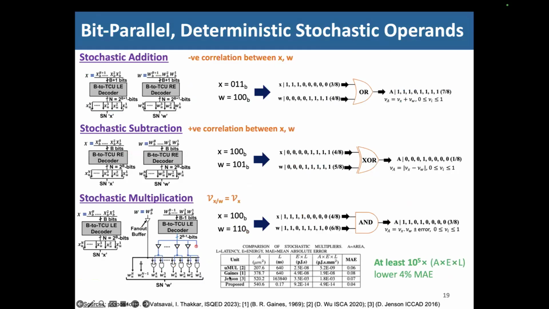These are the methods that are typically used or more popular to convert binary into stochastic. The stochastic number generator basically requires random or pseudo-random number generators on chip, if you don't need deterministic bit position correlation.